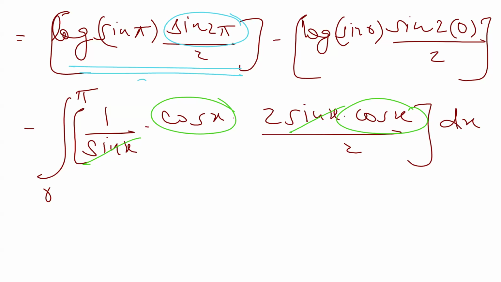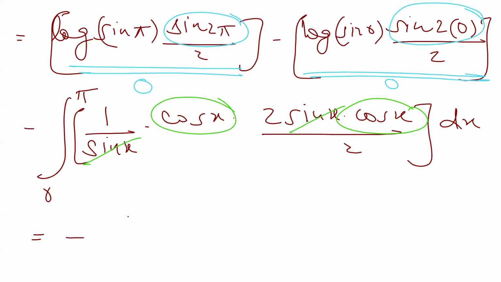So the first box is technically 0. Second box, sine 2 into 0, which is sine 0. Now sine 0 is 0. So 0 into anything is technically 0, right? So we'll just write this minus sign over here. The two box brackets are 0.